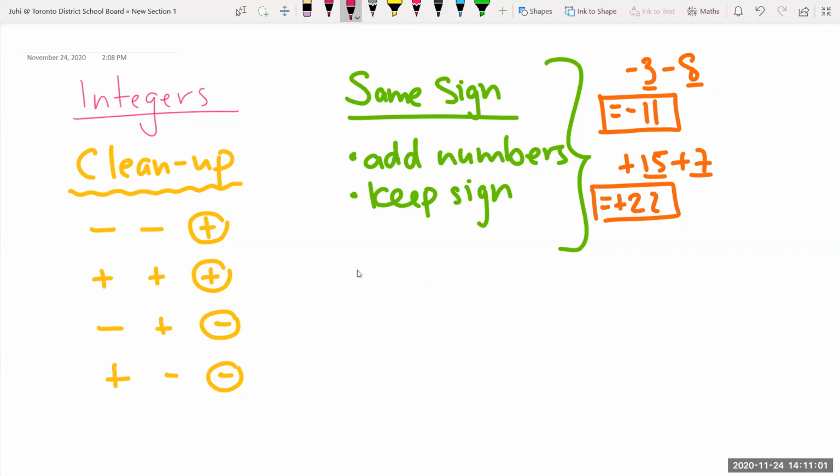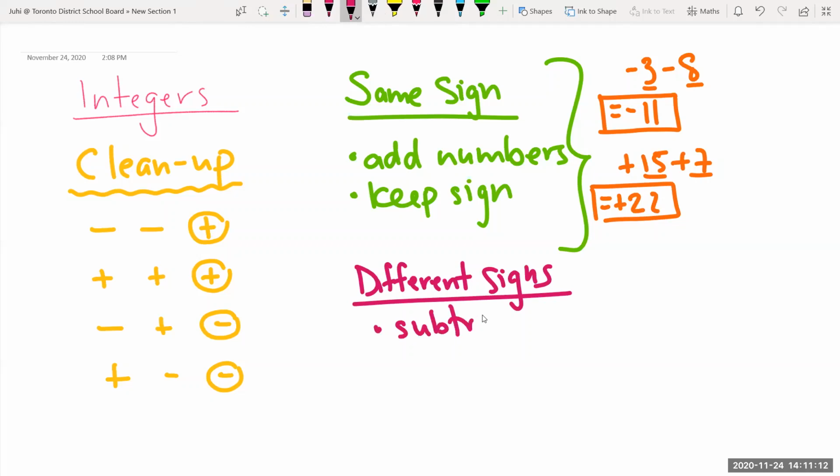The other rule that we learned is what happens when you have different signs. When you have different signs, you are going to subtract the numbers, and you are going to take the sign of the larger number.